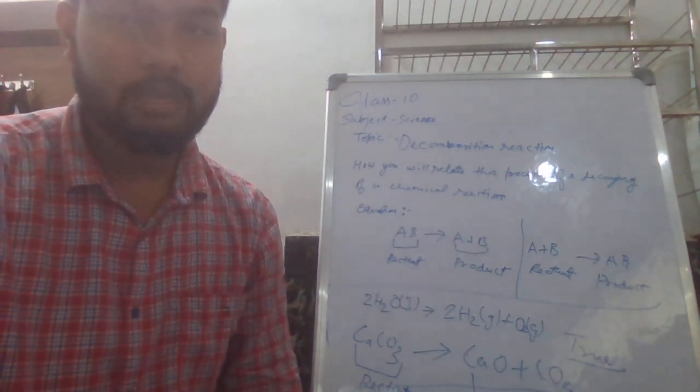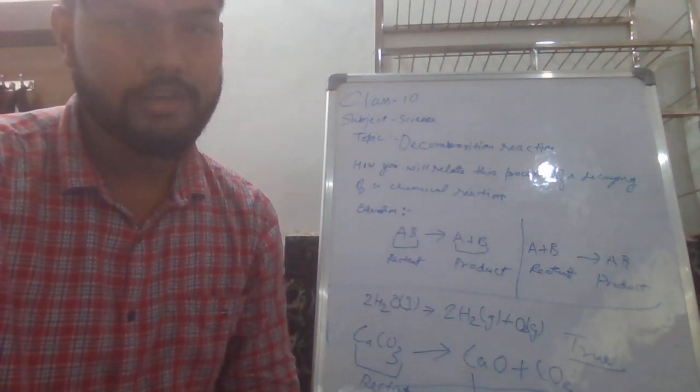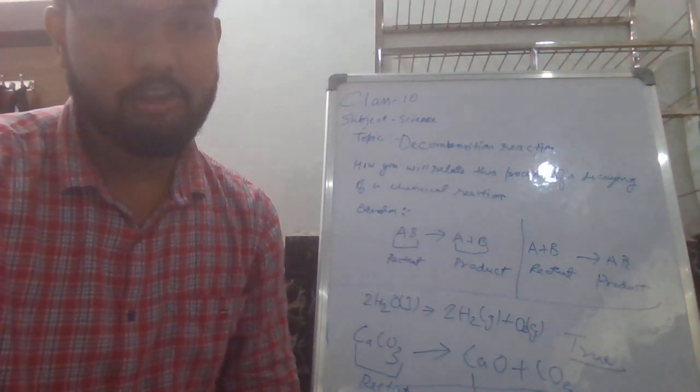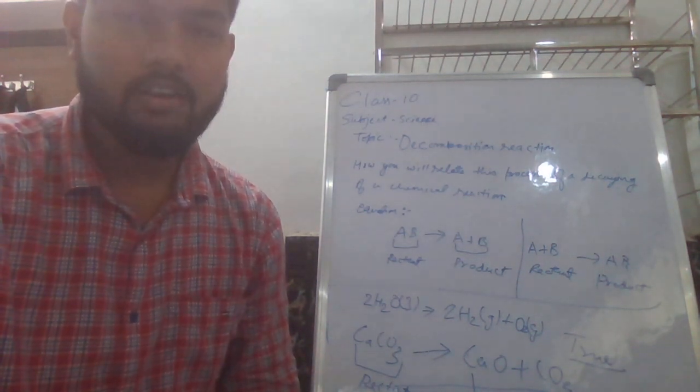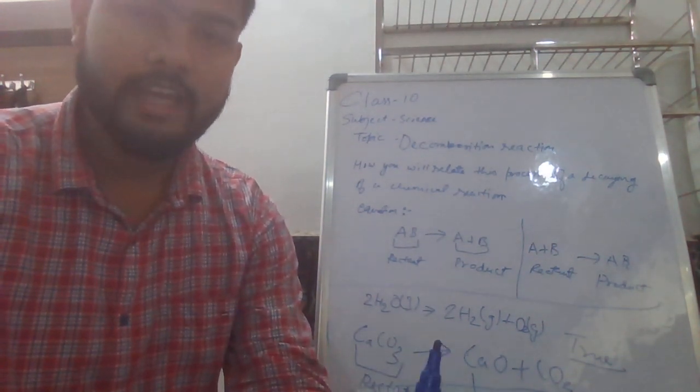It then decomposes to ferric oxide, Fe2O3, sulfur dioxide, SO2, and sulfur trioxide, SO3. Ferric oxide is a solid while SO2 and SO3 are gases.